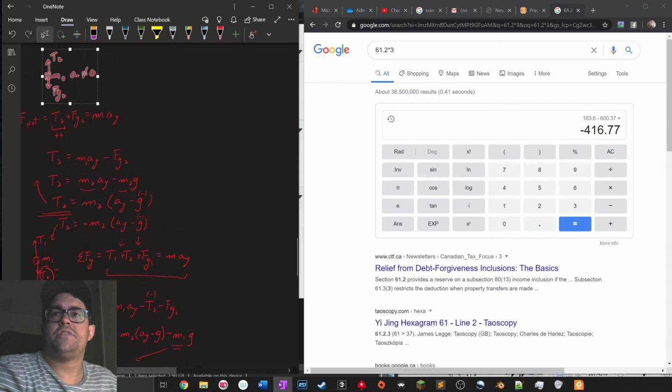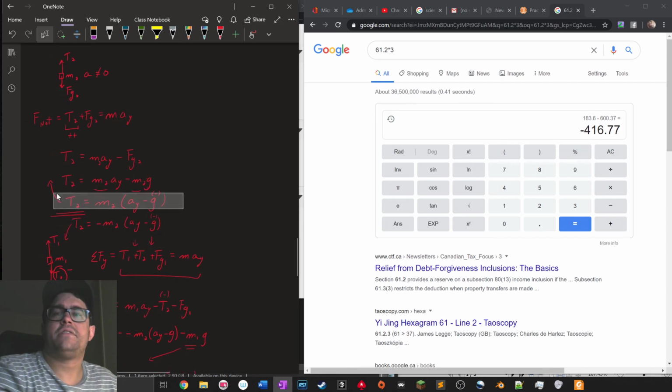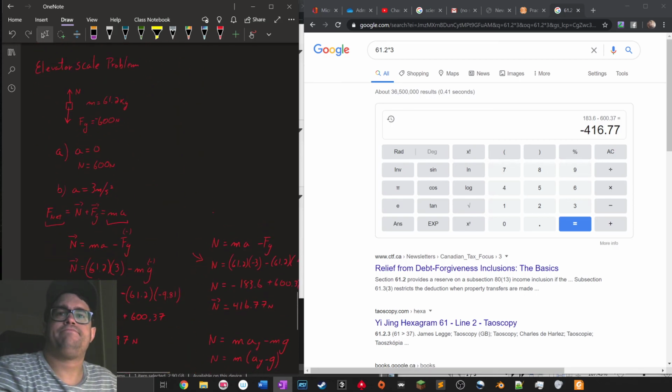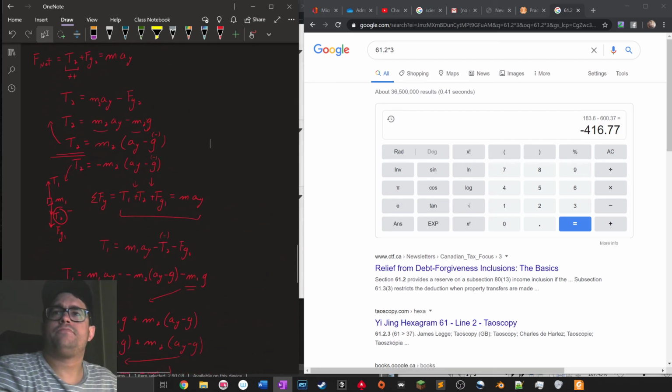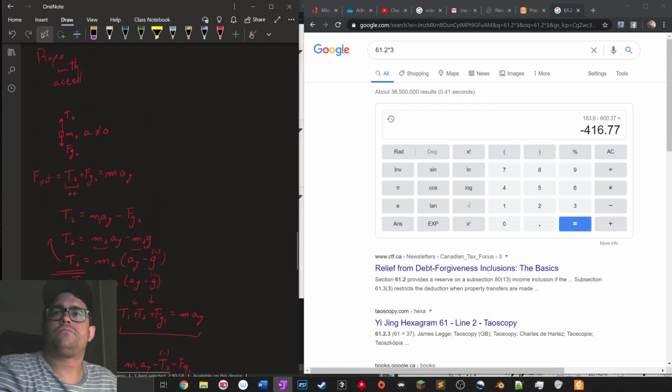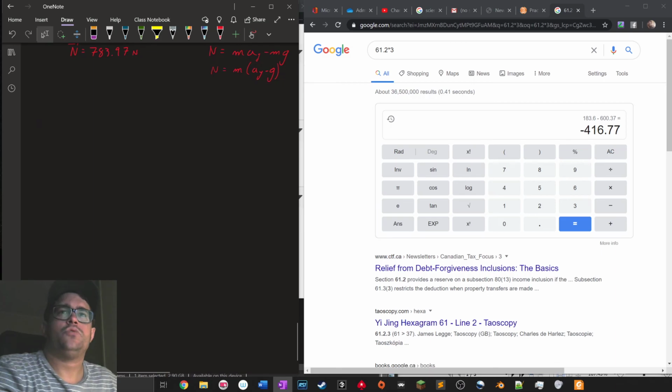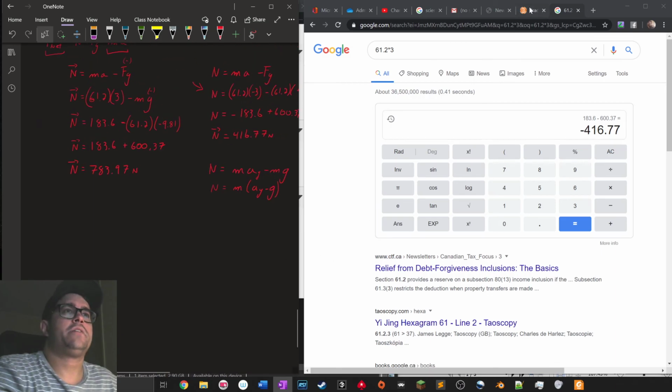It doesn't matter if there's acceleration or not. So this here says that there is a tension, there's a Fg, and there can be an acceleration. Okay. Good. We'll probably have to use them again, so we'll come back to them.